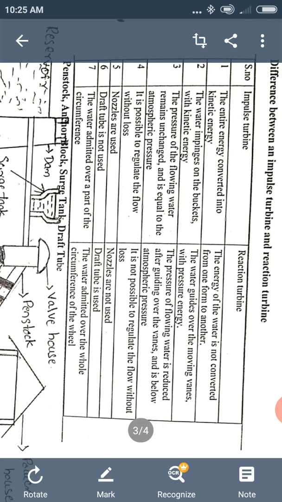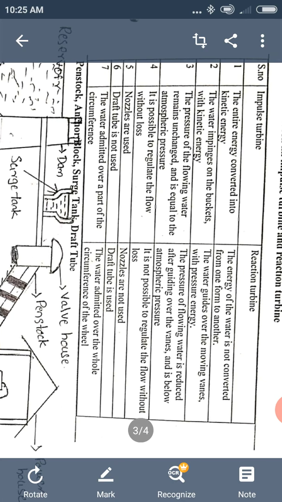In the impulse turbine, water impinges on the buckets with kinetic energy, whereas in the reaction turbine the water glides over the moving blades with pressure energy. In the impulse turbine the pressure of the flowing water remains unchanged and is equal to or above atmospheric pressure, while in the reaction turbine the pressure of flowing water is reduced after gliding over the vanes and is below atmospheric pressure.